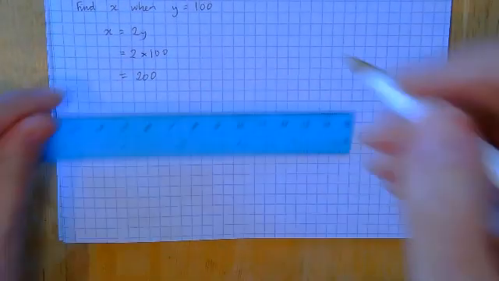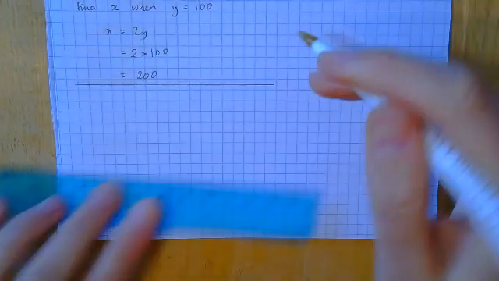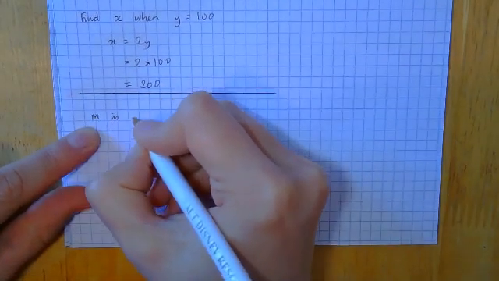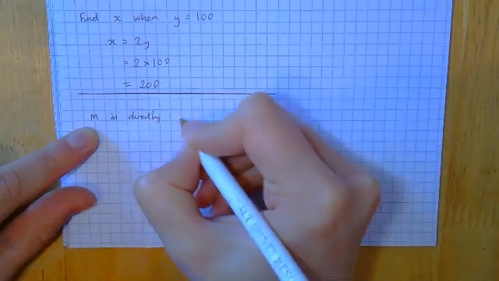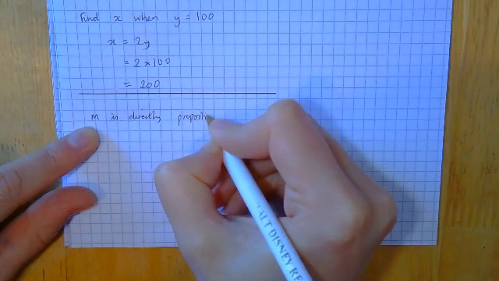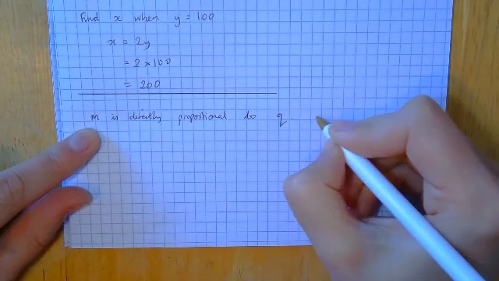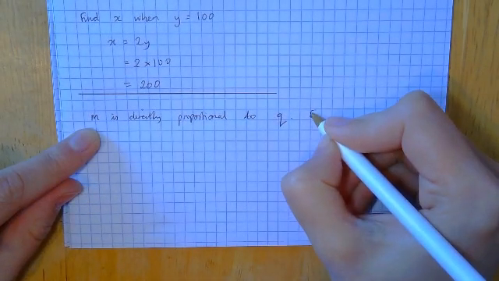Right, I'm going to do another one. So, this is the end of that question. So, let's say m is directly proportional to q.